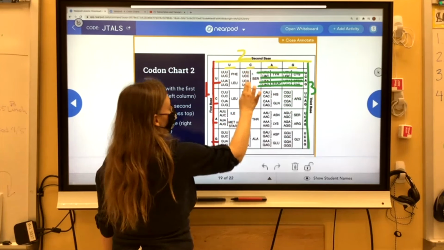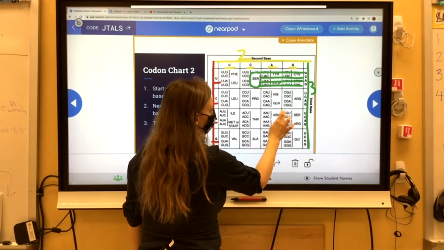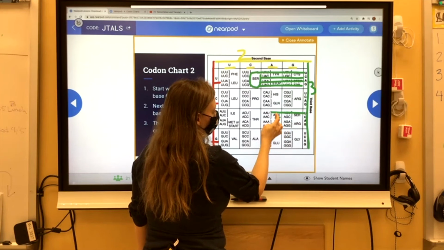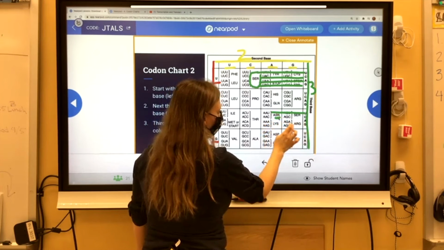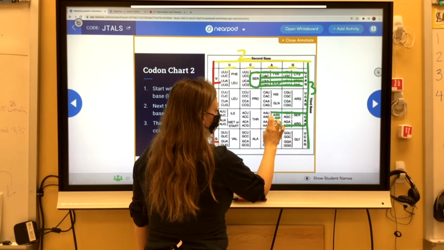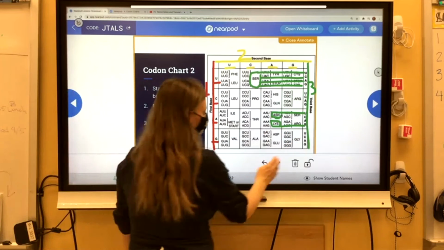All of these line up for serine, but some of them might not. For example, here, if my last base is U, it codes for this amino acid. If my last base is G, it codes for this amino acid. So that last base is really important, like what we were talking about a little earlier.